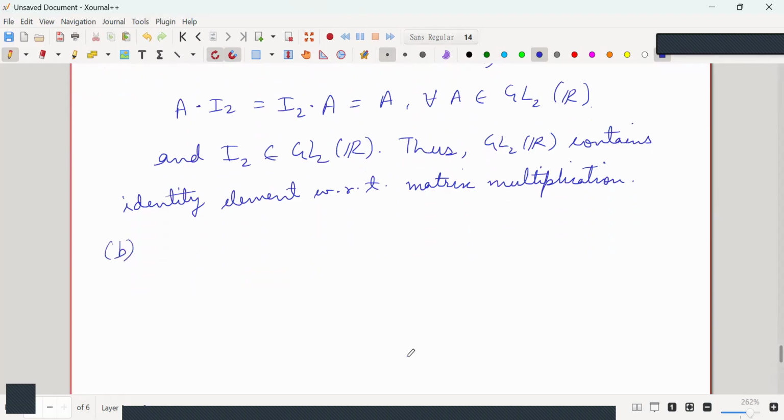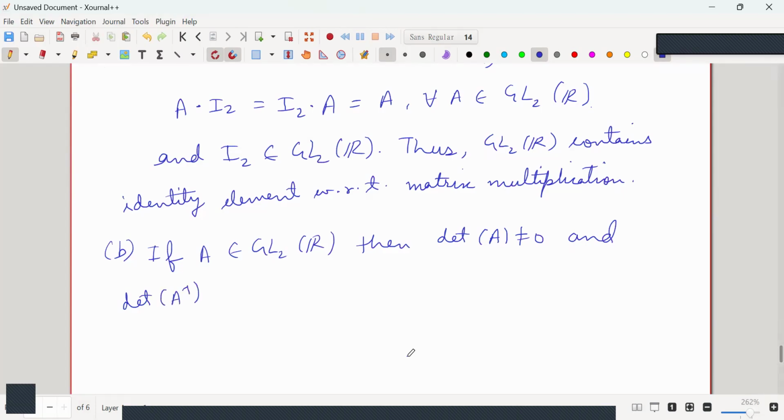Now, what about inverse? So, if A belongs to GL2R, then determinant of A is non-zero, and determinant of A inverse is what?